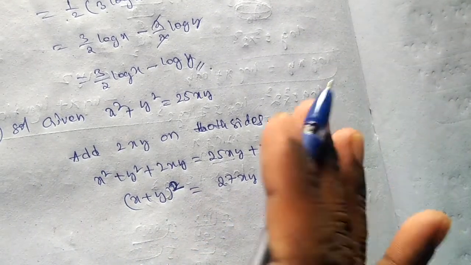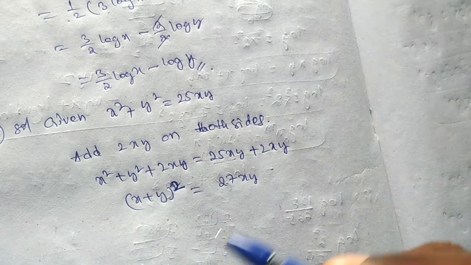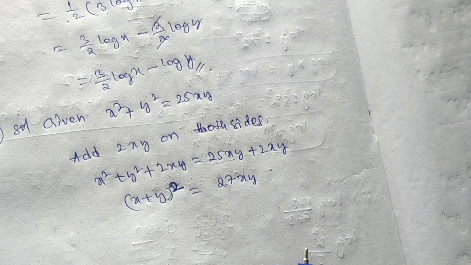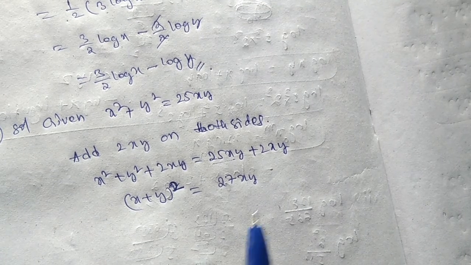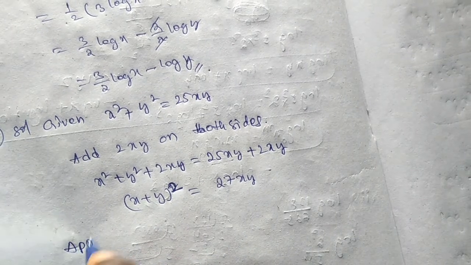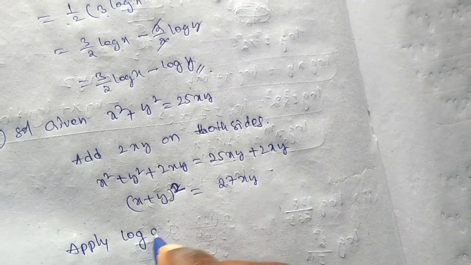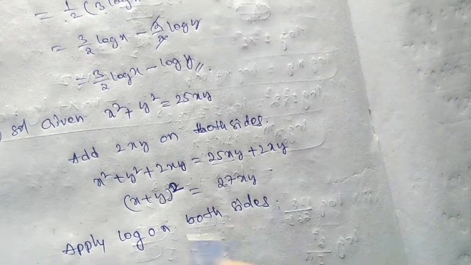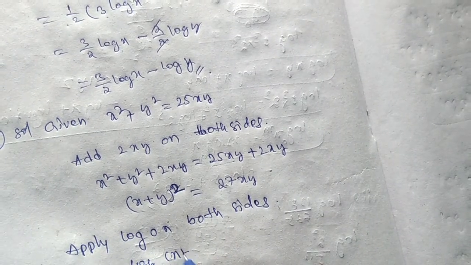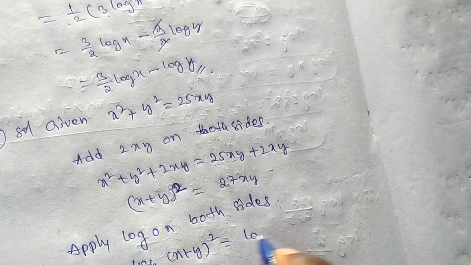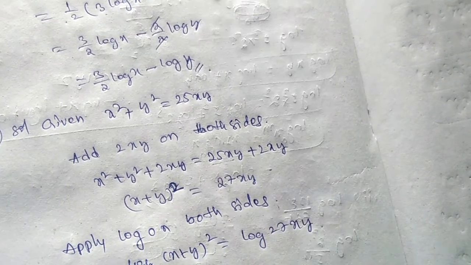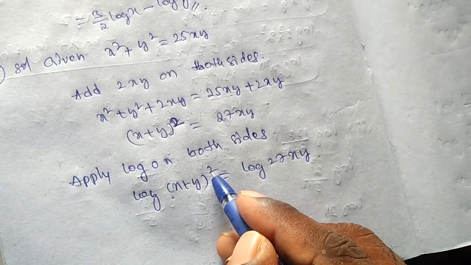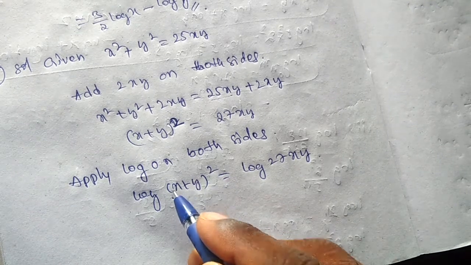Now I am going to write this in logarithm form. Sorry, I applied log on both sides. So log of x plus y whole square is equal to log 27xy. Here I applied log on both sides. Log x to the power of m is m log x.